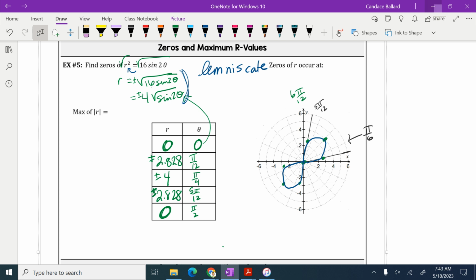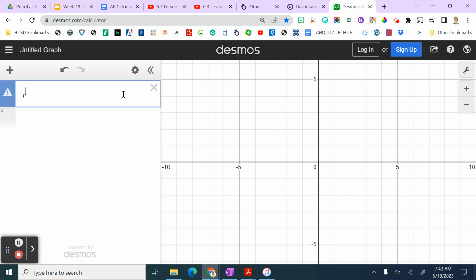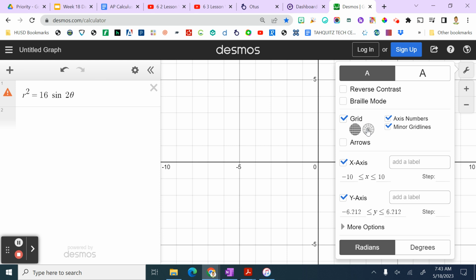Make sure we did it right. So we're going to go r squared equals 16 sine of 2 theta. And you don't have to, but I'm going to convert to my polar graph. Uh-oh, it didn't like it. What does it not like? Polar equations must be linear in r. Let me try switching to polar mode and see if that helps.